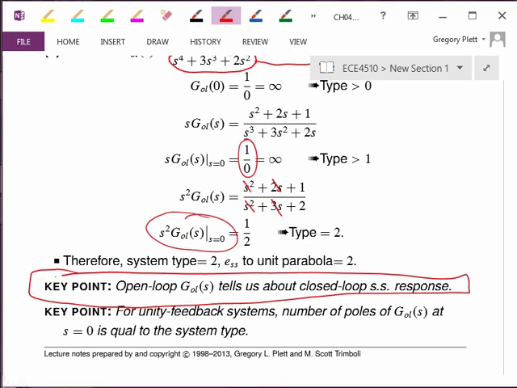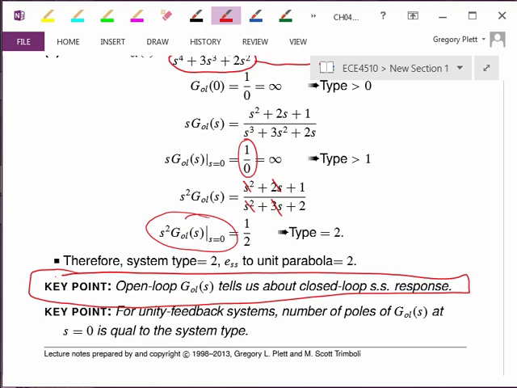So here, the open loop transfer function is telling us about the closed loop steady state response without having to compute the closed loop transfer function itself and manipulate it. So I can use what I'm given without a lot of math and get a value that I'm interested in.